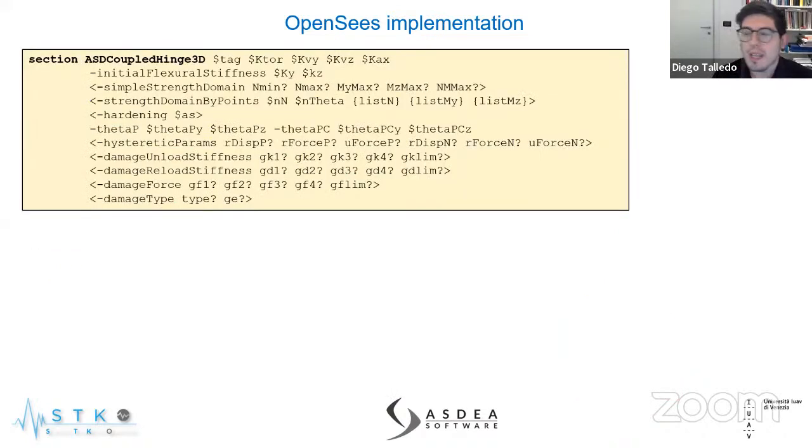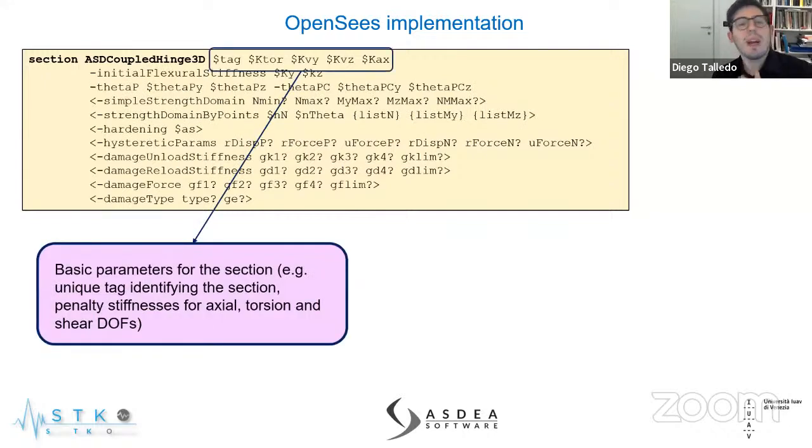So basically, this is the command in OpenSees for the ASDCoupledHinge3D. We have several parameters. As usual, as a convention, those within these brackets are optional parameters. So we provide some default values for those. The others are mandatory parameters.